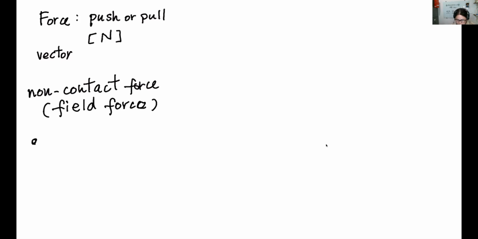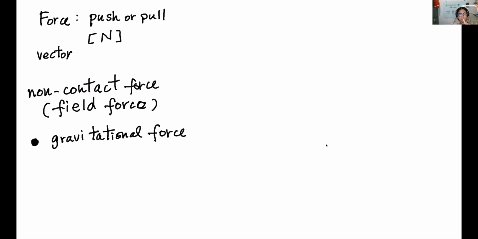The biggest one you are most familiar with that's a non-contact force is the gravitational force. Gravitational force is when I let go of the pen here, right?